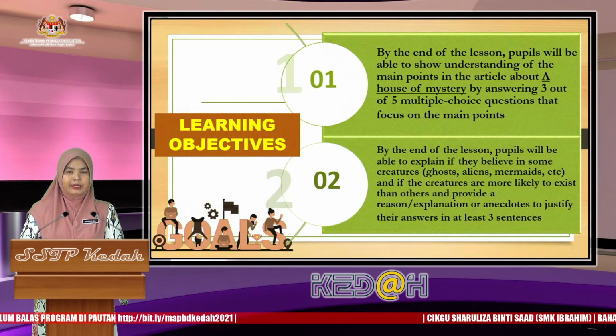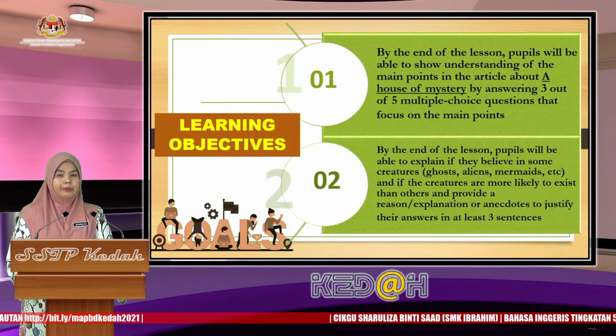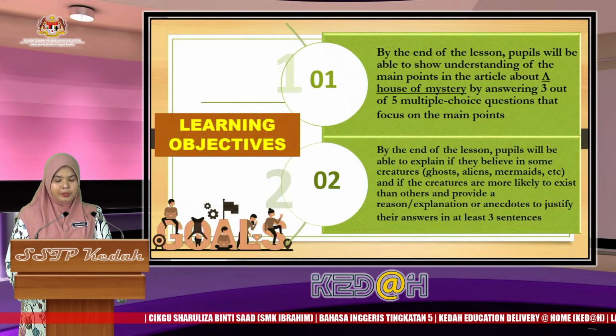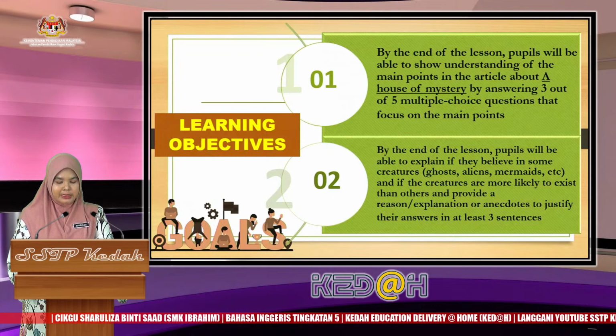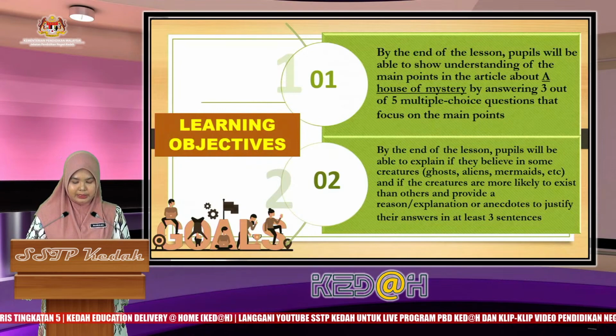So, after studying the scheme of work and the textbook, for this double period lesson, the objectives that I have chosen are, number 1, by the end of the lesson, pupils will be able to show understanding of the main points in the article about a house of mystery by answering 3 out of 5 multiple choice questions that focus on the main points.